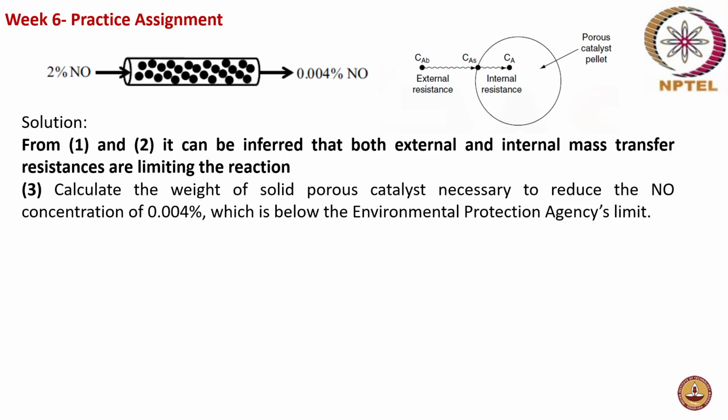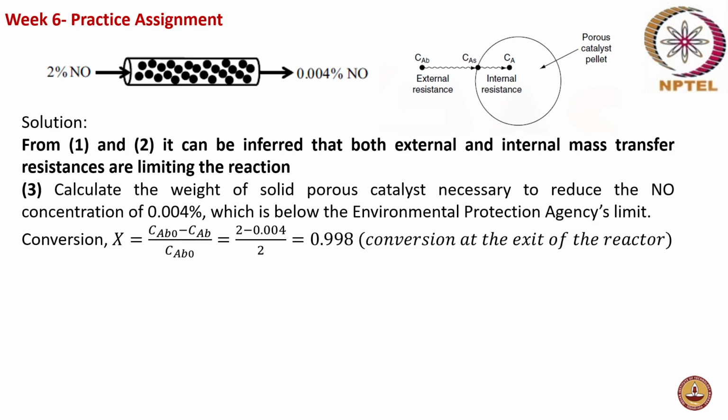Now the next part of the question is to calculate the weight of the solid porous catalyst necessary to reduce the nitric oxide concentration to 0.04, which is below the Environmental Protection Agency limit. So your initial concentration was 2% and your final concentration is 0.004%, and we have already calculated the conversion to be 0.998.